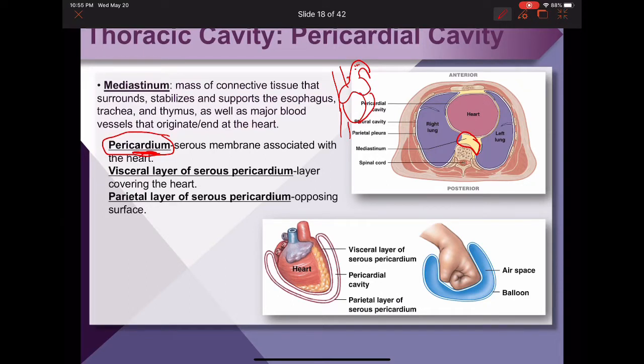Okay, pericardium. And the visceral layer of the pericardium, or visceral pericardium, is the layer right next to the heart. You see how this drawing here really does a good job of showing you that double layer of the serous membrane. The one right next to the heart is the visceral layer of the pericardium.